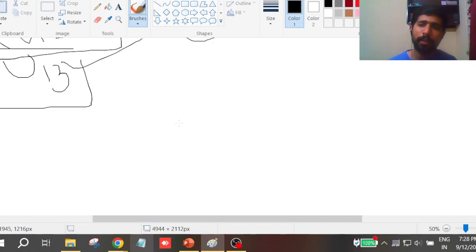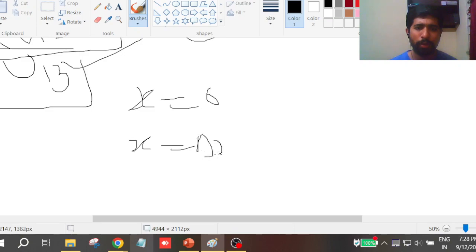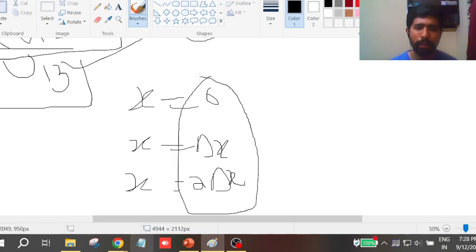Maybe I have to see, but the general trend is like what you are telling. We try to fit an equation and we try to find a, b, c values for some polynomial function. Like at x equal to 0, I have some value. At x equal to delta x, I know some value, and at x equal to 2 delta x also I know some value, right?